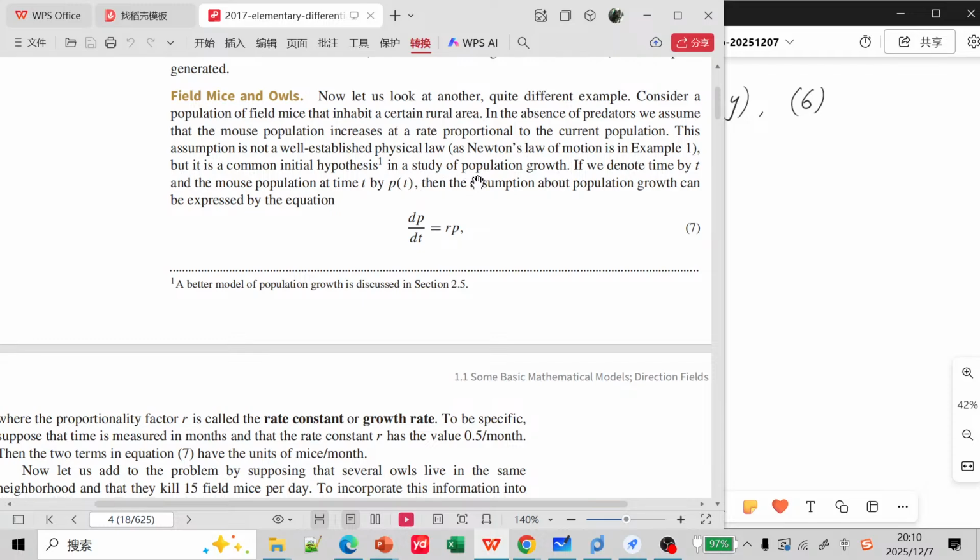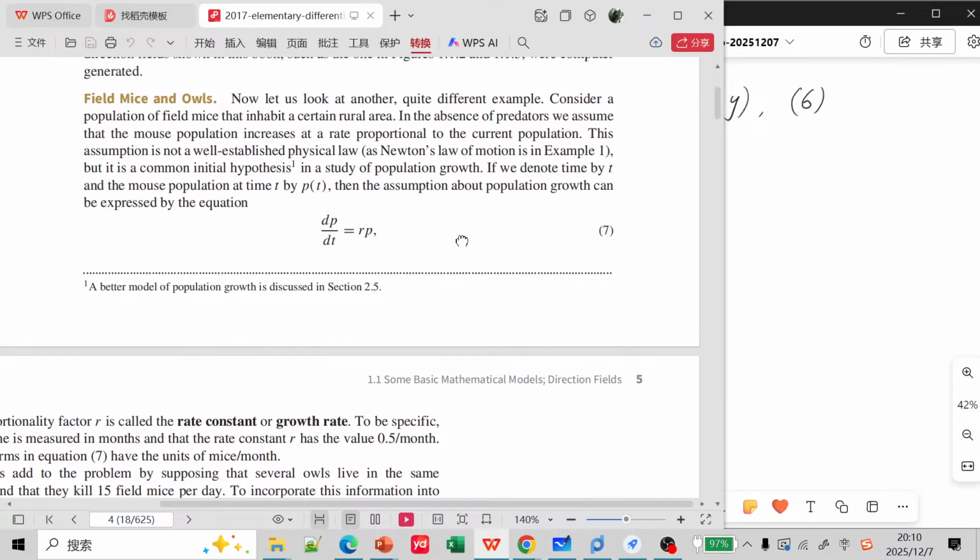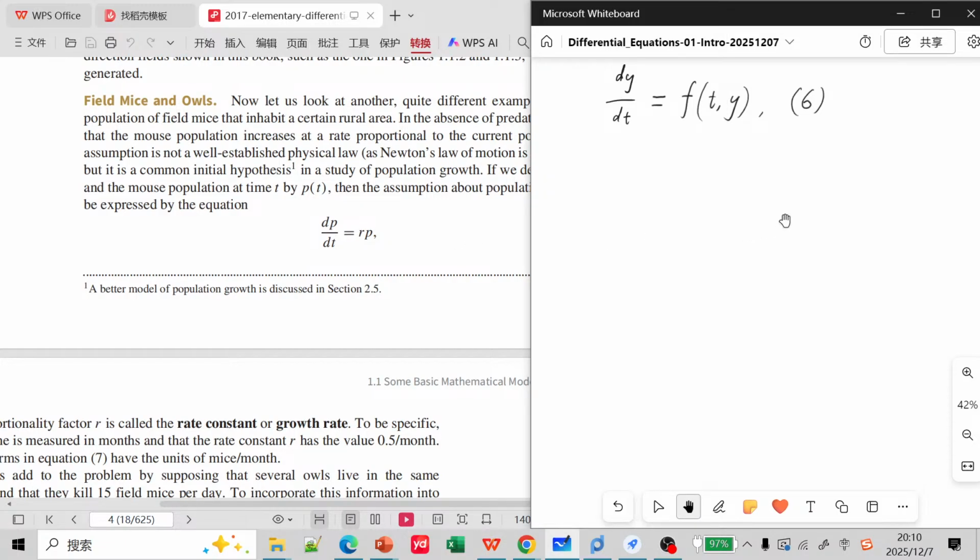In a study of population growth, if we denote time by t and the mouse population at time t by p of t, then the assumption about population growth can be expressed by the equation. Let's write down this equation: dp over dt is equal to r times p.